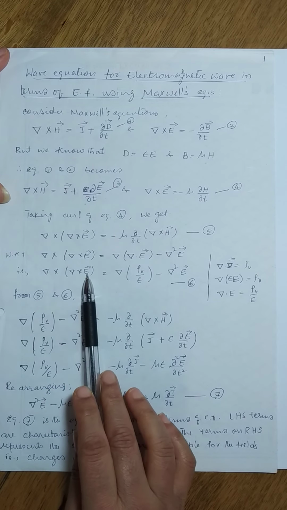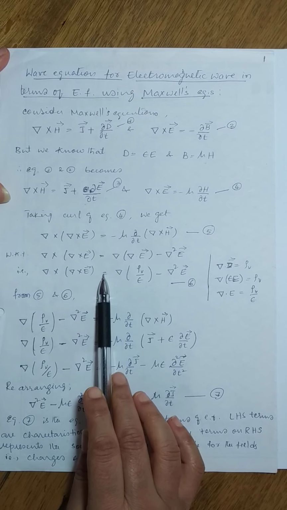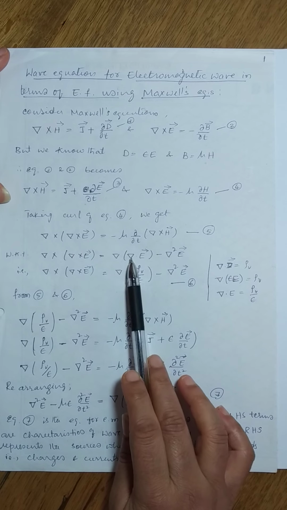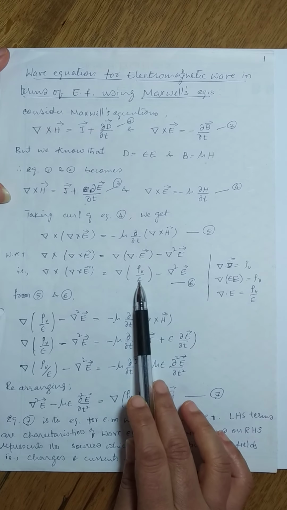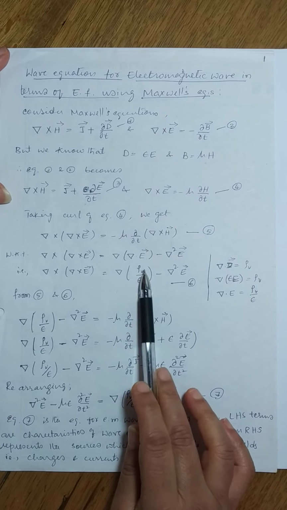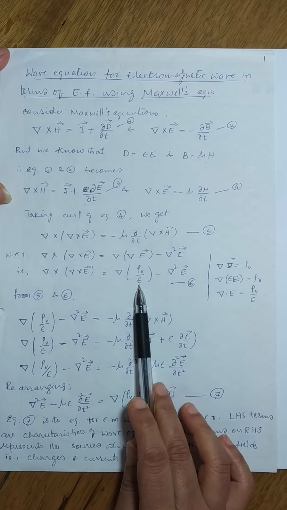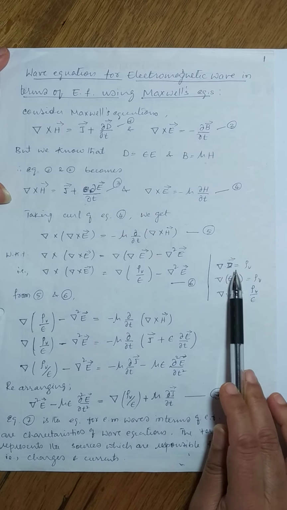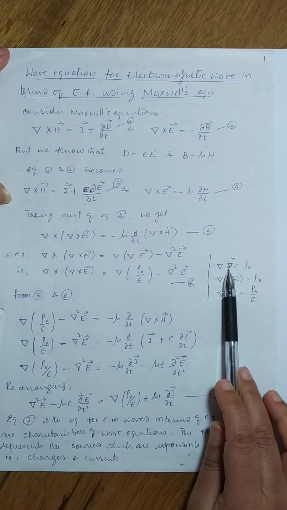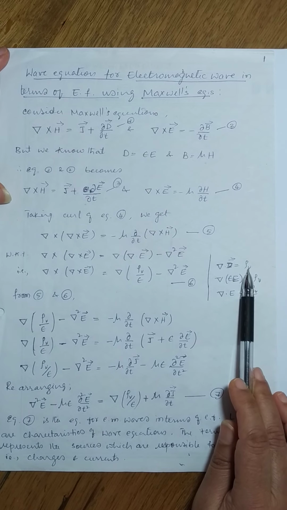curl of curl of vector E is equal to del of divergence of vector E, which can be expressed in terms of the charge density enclosed in a volume V by epsilon. We know that one of the Maxwell's equations says that divergence of D is equal to the volume charge density rho v.